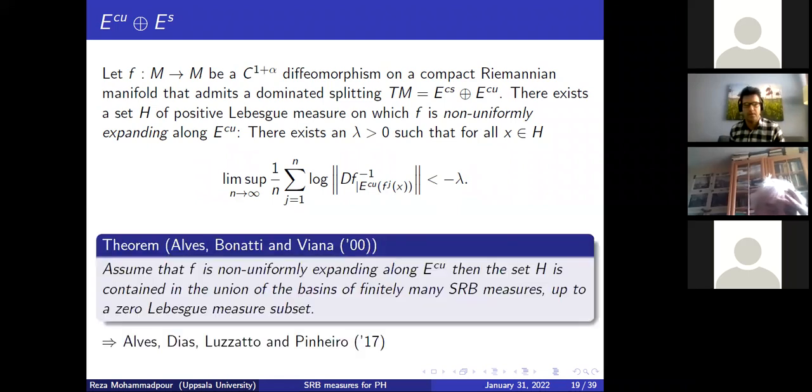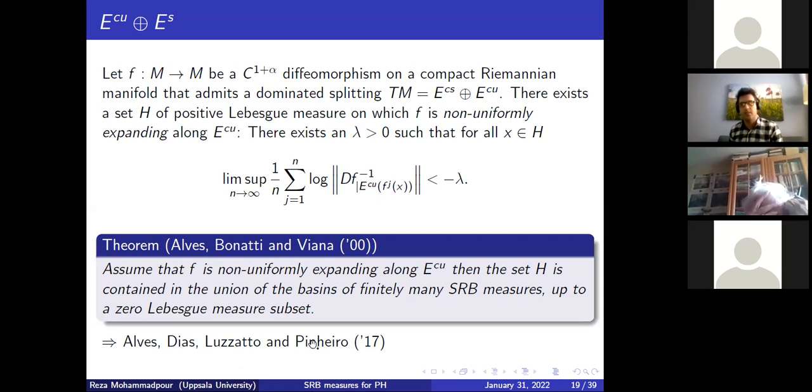Then Alves, Bonatti, Viana showed that in this case, again, you have a uniform contraction. Assume that f is non-uniformly expanding along E^CU, then the set H is contained, up to zero Lebesgue measure, in the union of the basins of finitely many SRB measures. This result was some years ago improved by Alves, Dias, Luzzatto, and Pinheiro.